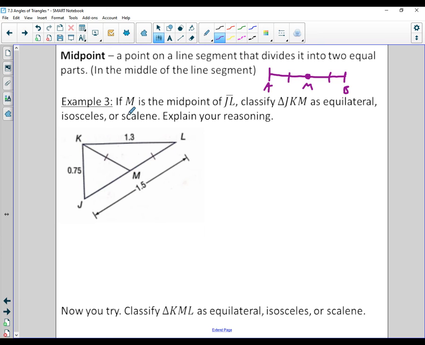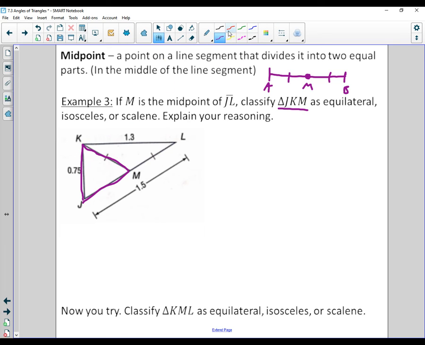So if M is the midpoint of line segment JL, classify triangle JKM as equilateral, isosceles, or scalene. So I'm looking at triangle JKM, which is this one, right?